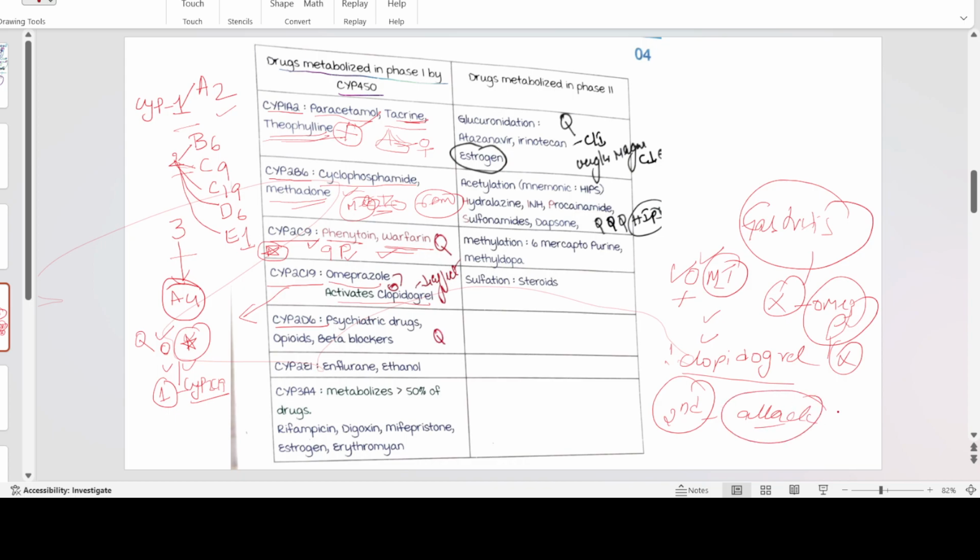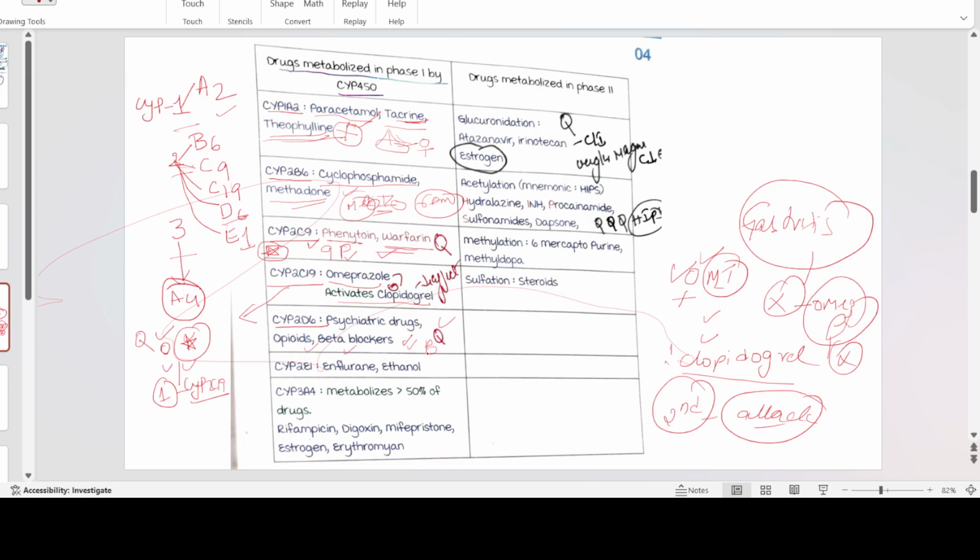Now, the other important point here is D6. D6 metabolizes psychiatric drugs, opioids, and beta blockers. How do you remember this? It's very simple. You got a P for psychiatric.